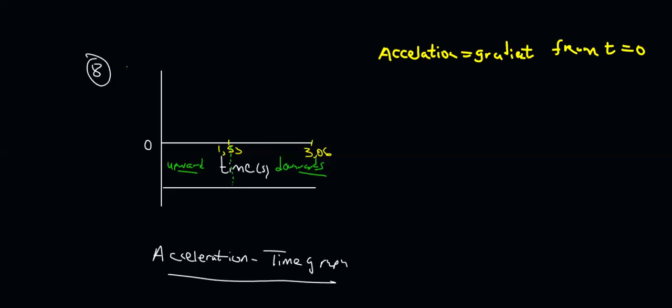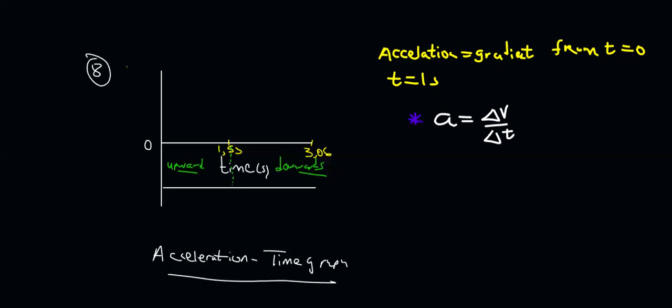Since we're dealing with the acceleration time graph, we know that the formula for acceleration is equal to change in velocity over change in time. This is the acceleration formula that you must remember. This formula is very important for exam purposes. Acceleration is always given as change in v over change in t.